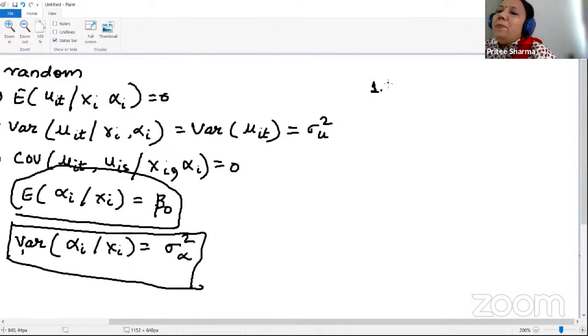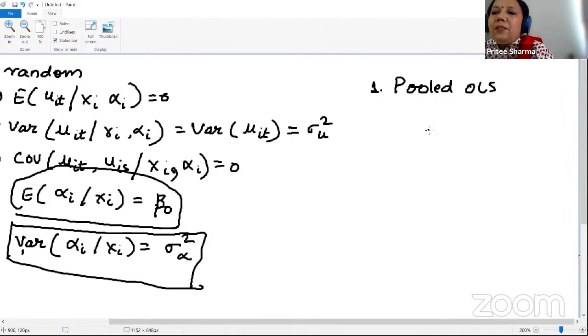All right. Now, the first step in understanding your analysis is that you can do a pooled OLS. When you can do a pooled OLS, you know the difference. We have already discussed the difference between the pooled cross section and the panel data.